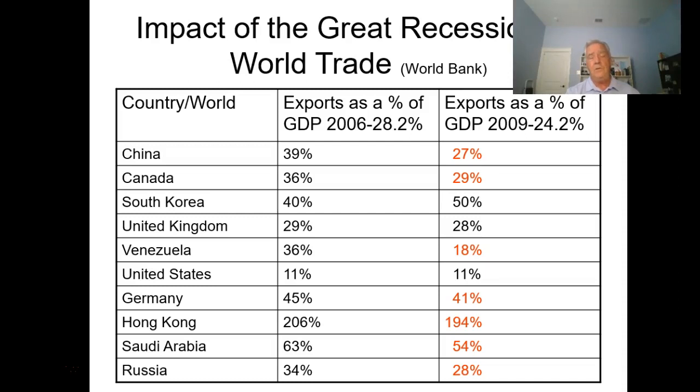US, we stayed the same. We're not a big exporter. Germany dropped. Hong Kong dropped. Saudi Arabia dropped. And Russia dropped. So all of these areas experienced a reduction in trade as a result of the Great Recession, which started in September 2008.